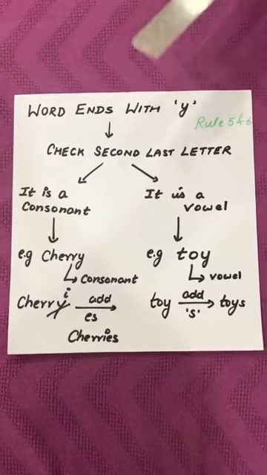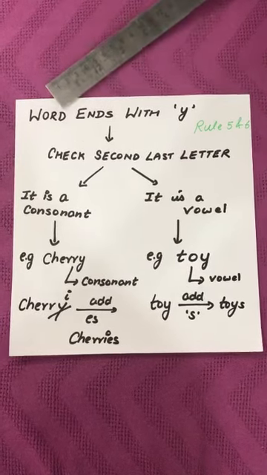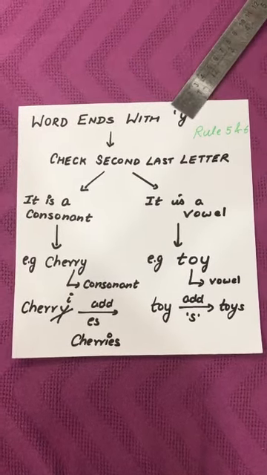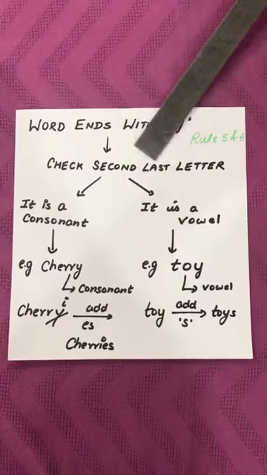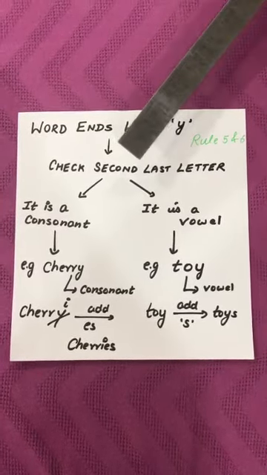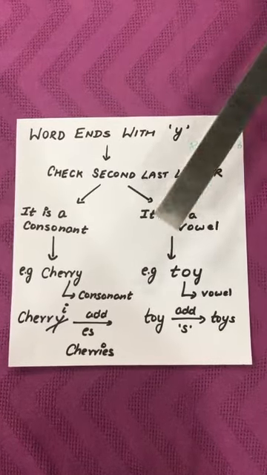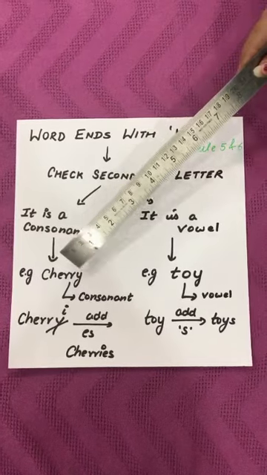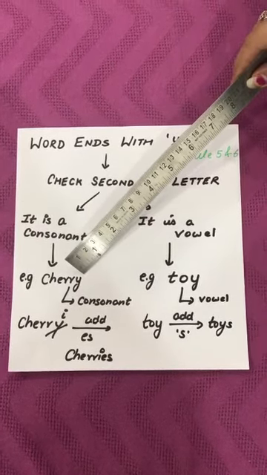Now let us discuss rule number 5 and rule number 6. If the word ends with y, then what do we have to check? We have to check the second last letter of the word. You have to see whether it is a consonant or a vowel. For example, cherry, right? Cherry ends with a y. So then you have to see the second last letter of the word.